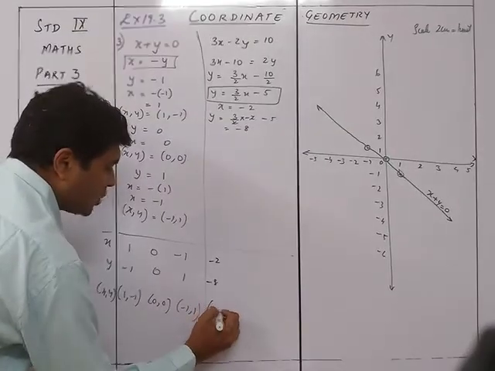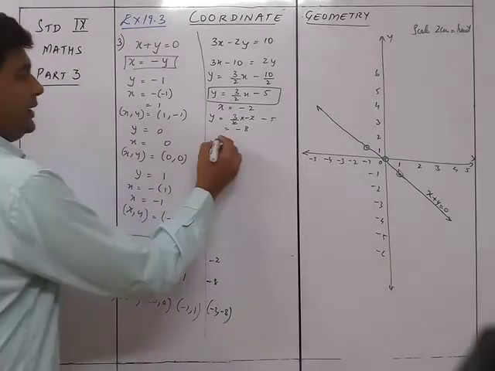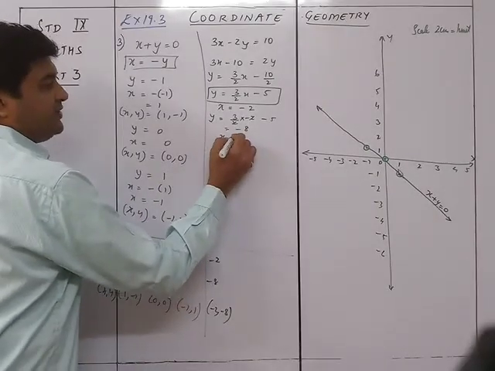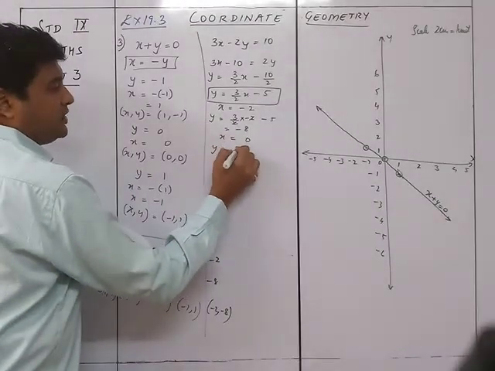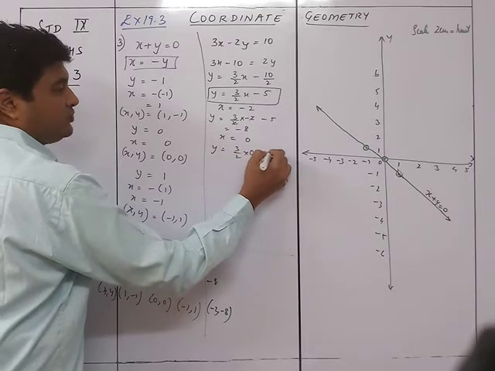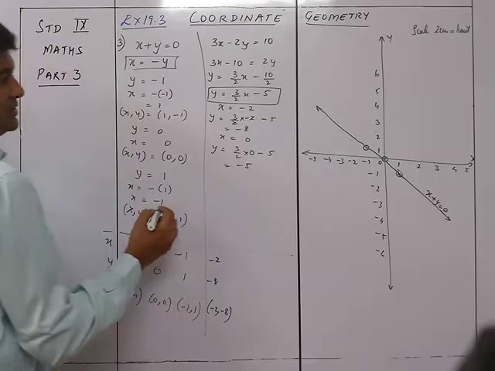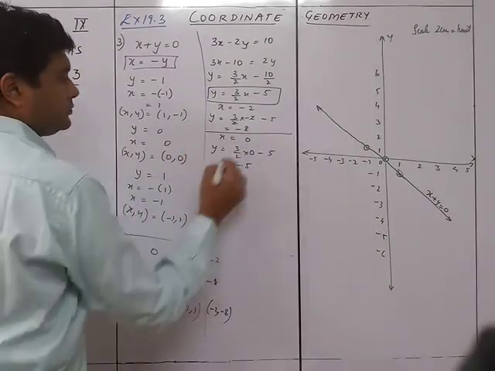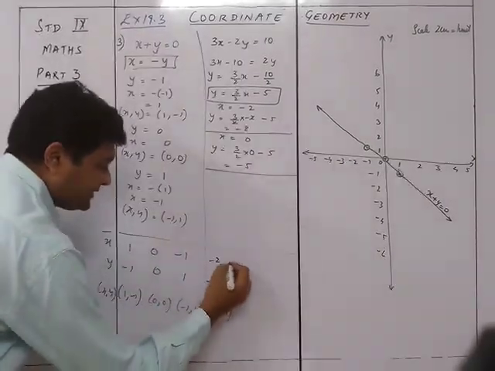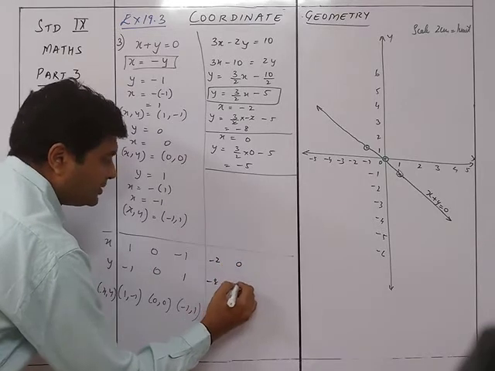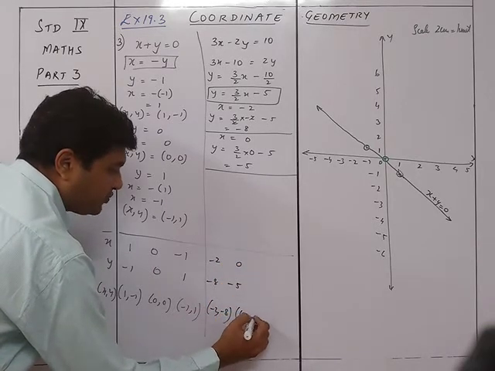So it's minus 2 comma minus 8. The next one is if x equals 0, y equals 3 upon 2 into 0 minus 5, that will be minus 5. So it will be 0 comma minus 5.